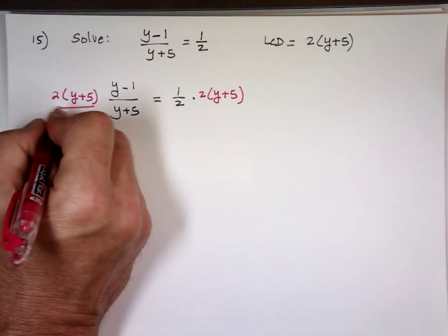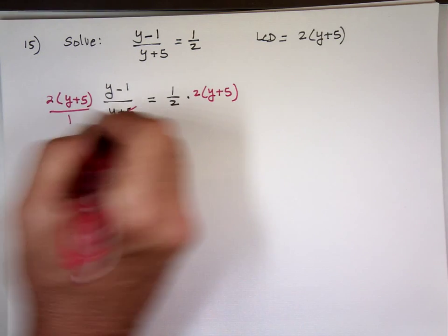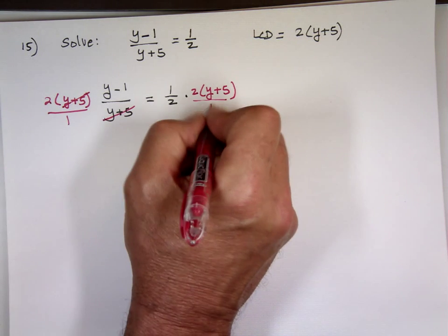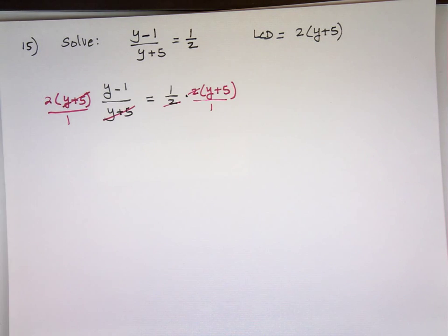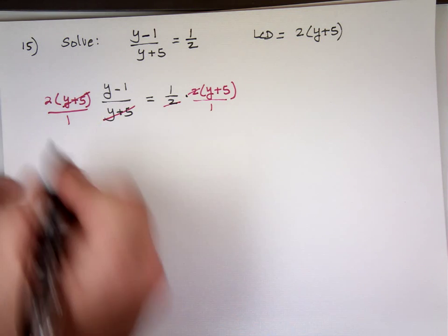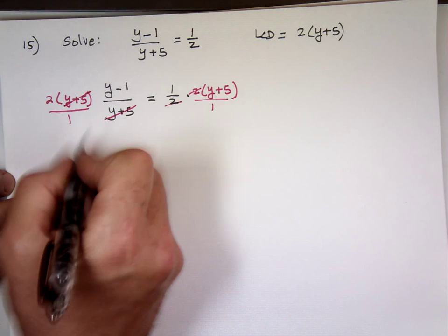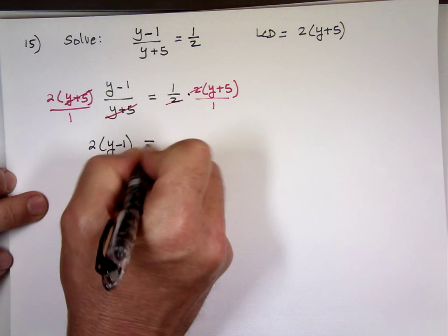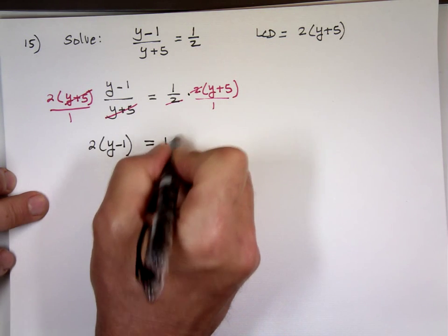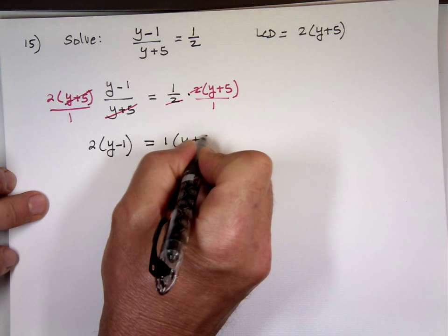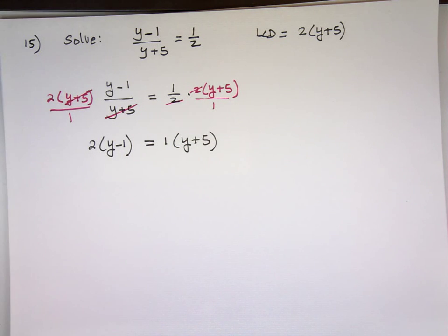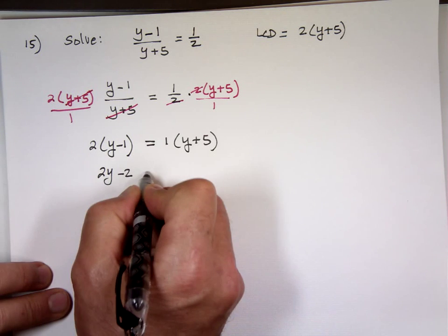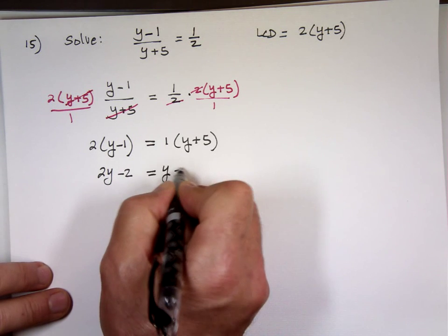This y plus 5 cancels this y plus 5. And again, that's over 1. This 2 cancels that 2. So what's left on this side is 2 times that. And what's left on this side is 1 times y plus 5. 2y minus 2 equals y plus 5.